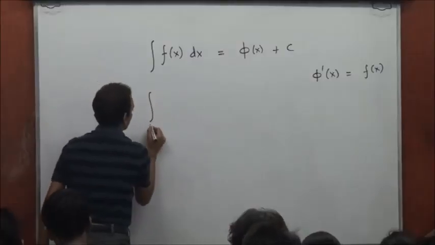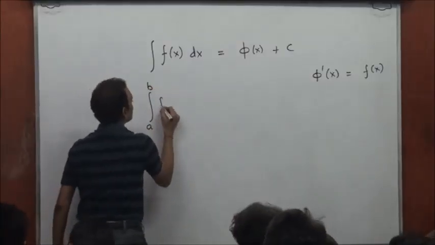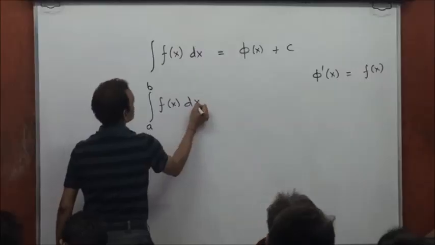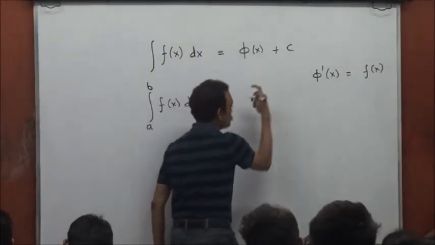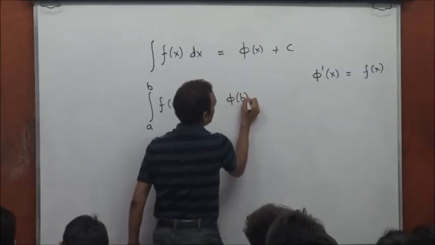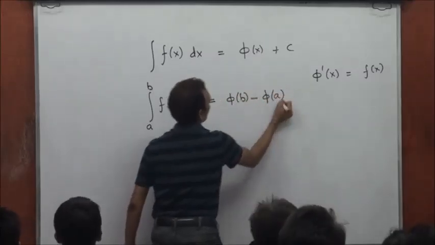Now, the integral from a to b of f(x) dx is essentially the change in phi(x) when x changes from a to b, which is phi(b) minus phi(a).